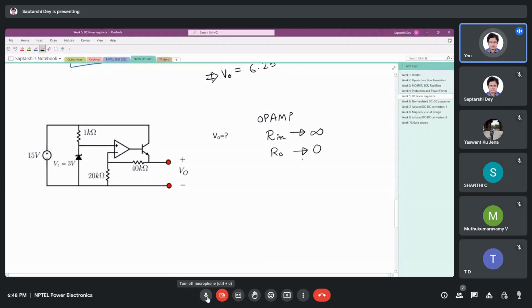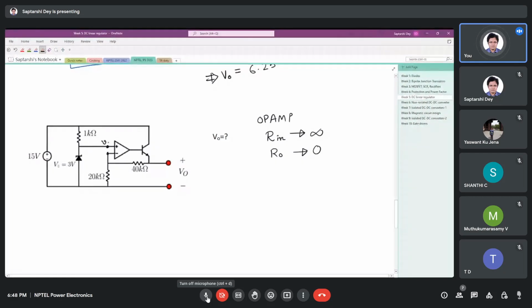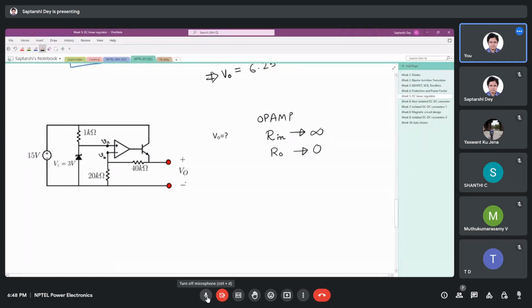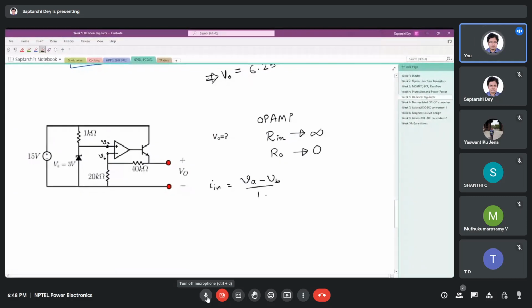So what is input impedance? Input impedance is the impedance between these 2 points, between the non-inverting terminal and the inverting terminal. So say if I write it as VA and if I write it as VB, then the input current I in is (VA minus VB) by R in.